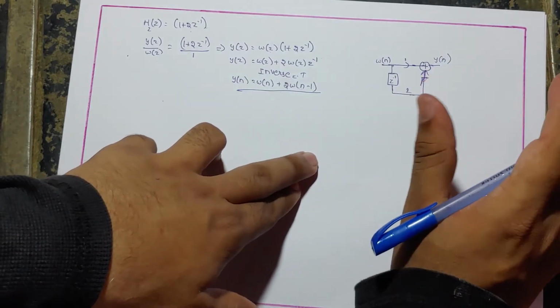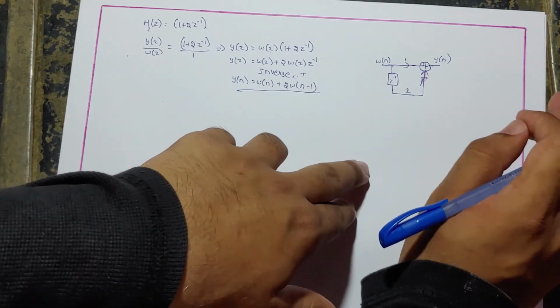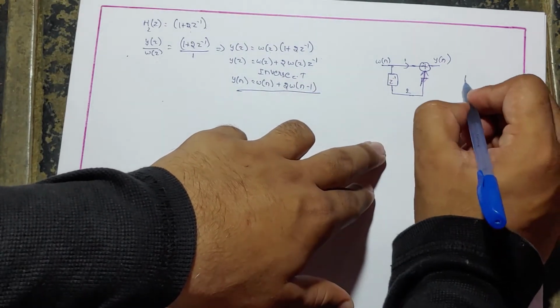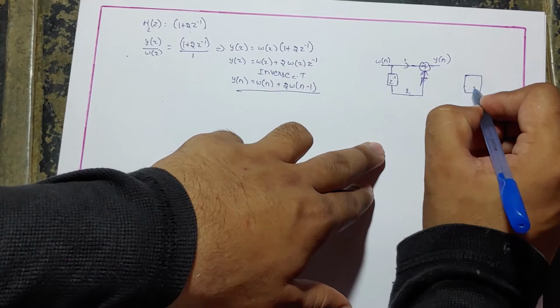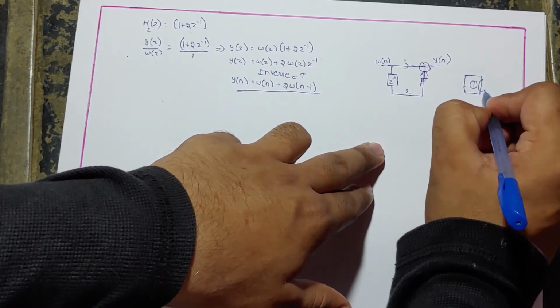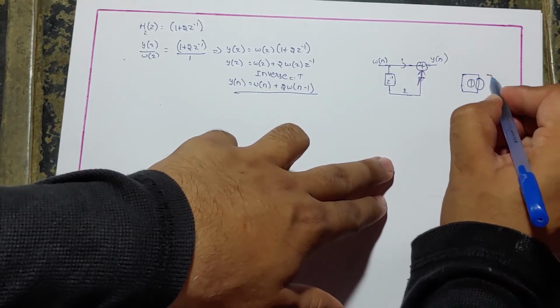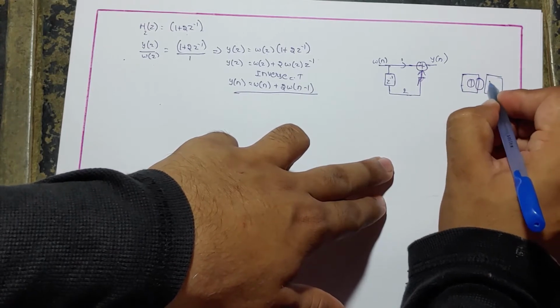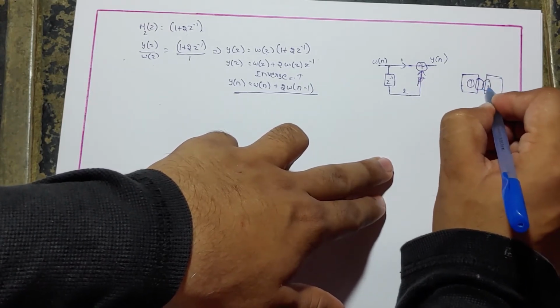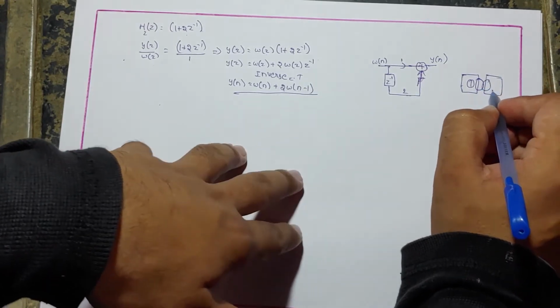Please make sure that you don't get confused in the realization. For the first part, the delay elements would be on this side, and for the second part h2, the delay elements would be on this side, so that they can be taken as common.